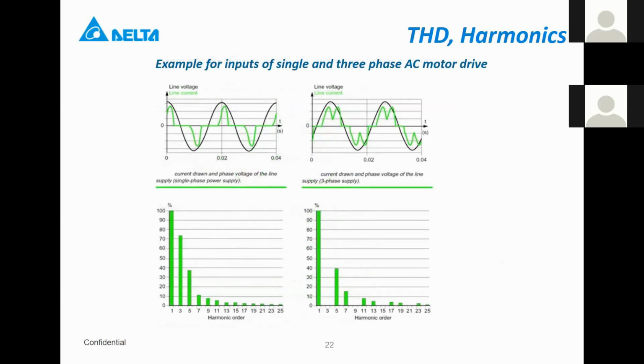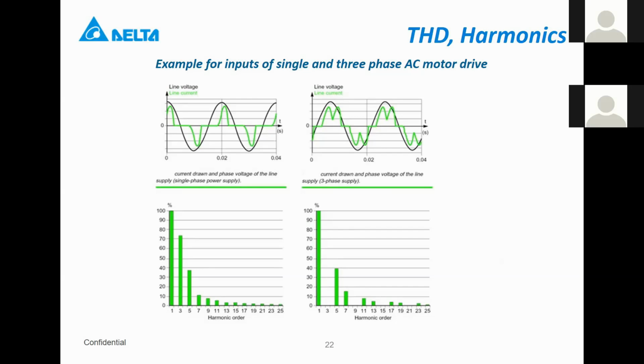Here you see the difference between a one-phase frequency inverter and a three-phase frequency inverter. You see the difference in the harmonic orders. The one-phase inverter has all odd harmonic orders. In the three-phase inverter, you miss some of them.